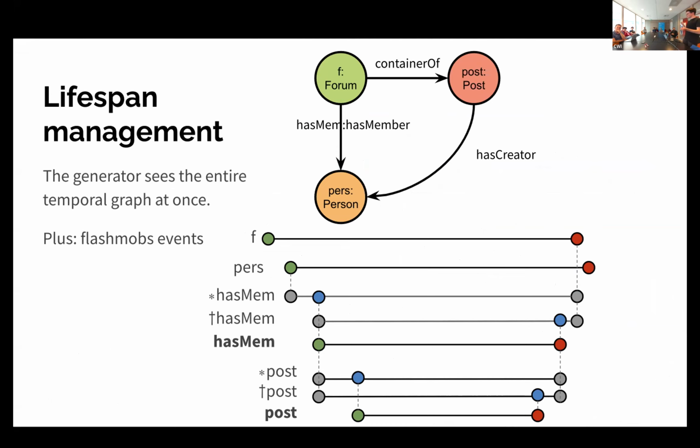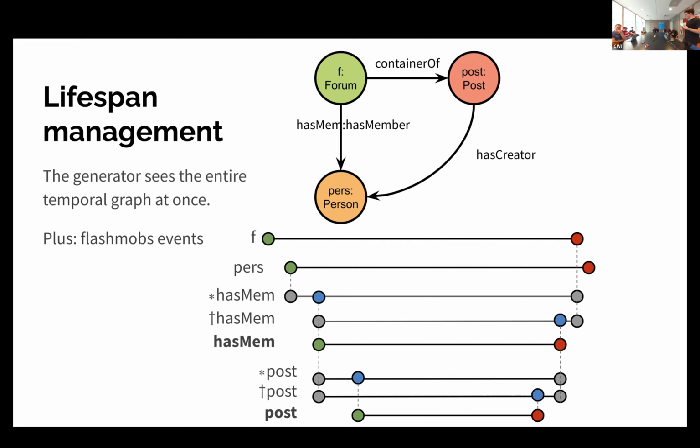When we create a node, we can tell when that node is going to be deleted from the network. And the challenging thing is that we have many implicit constraints that we need to enforce while doing this generation. For example, person pers wants to post into this forum F in this small example.